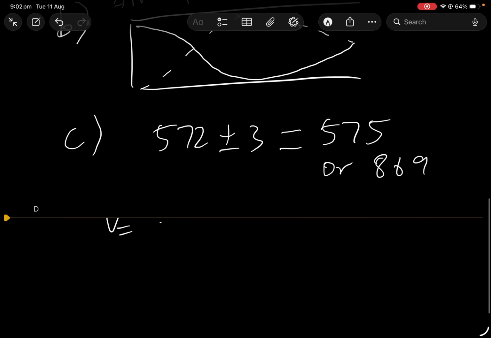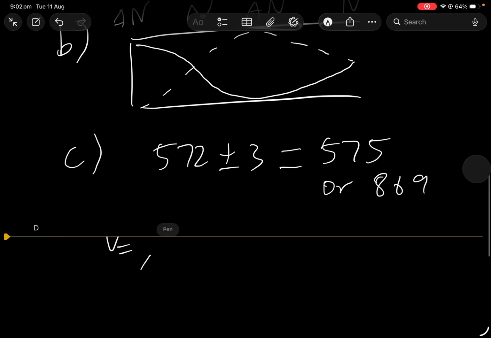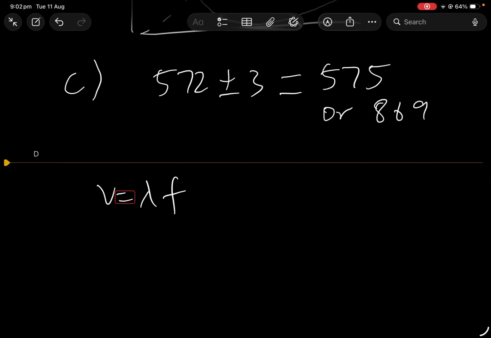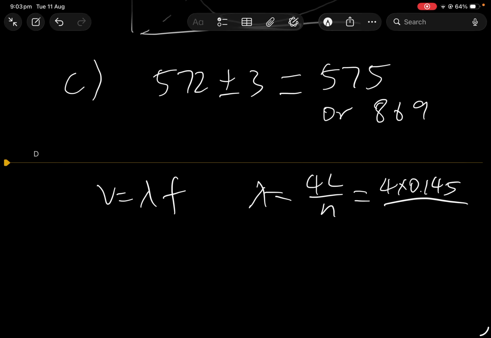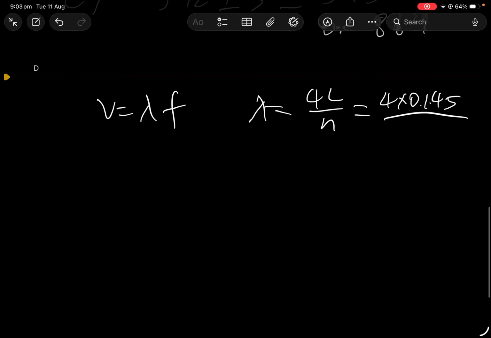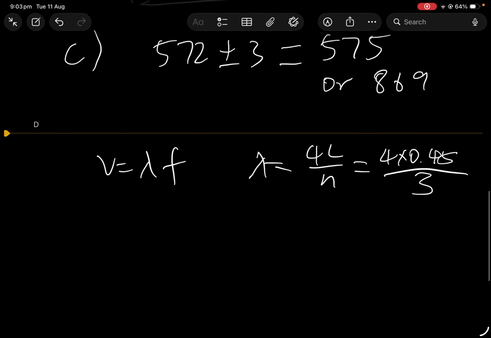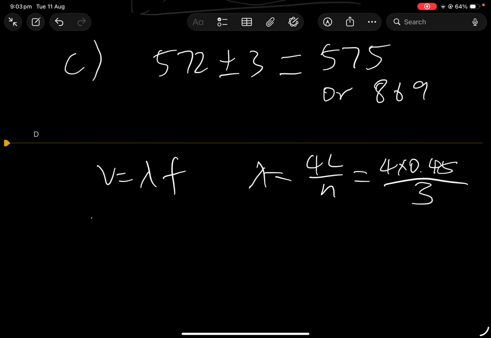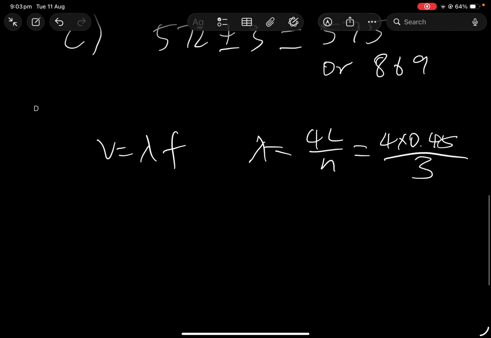So V equals lambda f. And do we know lambda? Lambda equals 4L over n, which is 4 times 0.45 over 3, and we have the velocity, which is 343.